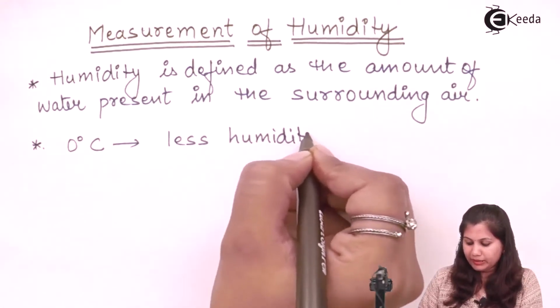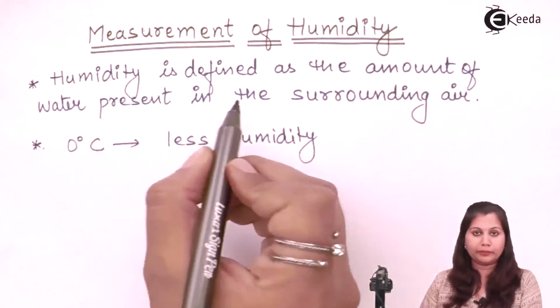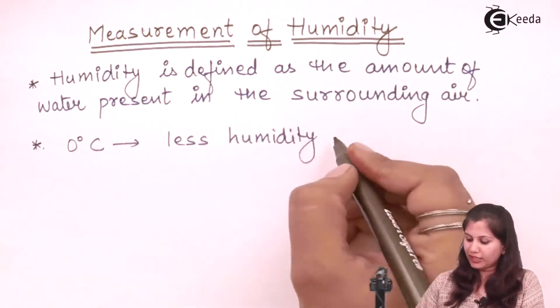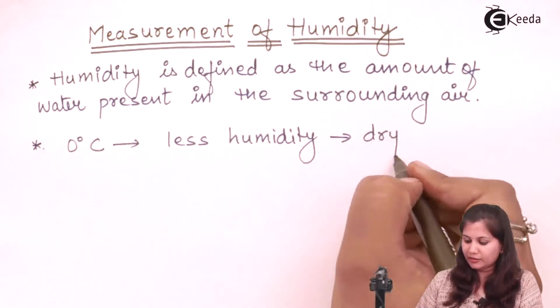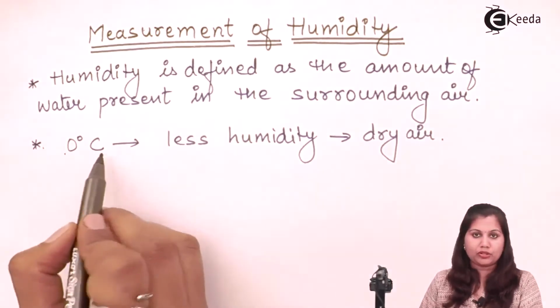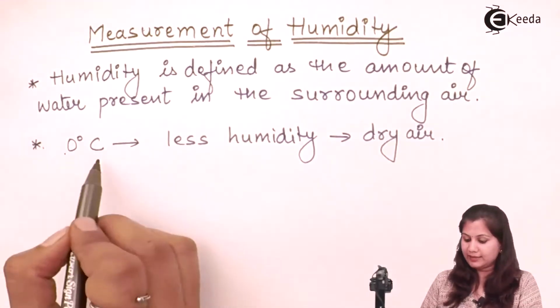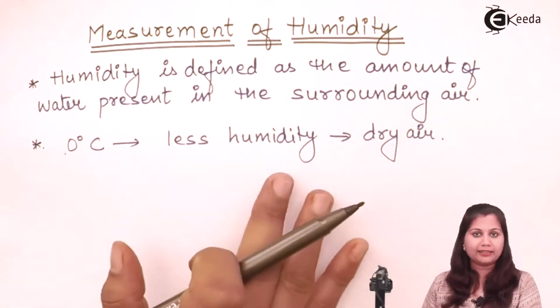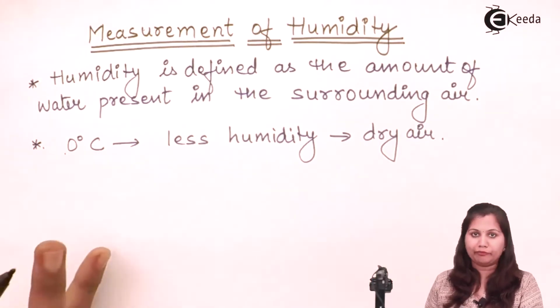Less humidity means that the amount of water present in the surrounding air is very less, so we can say that the air is very dry. In that type of environment, we will feel comfortable.